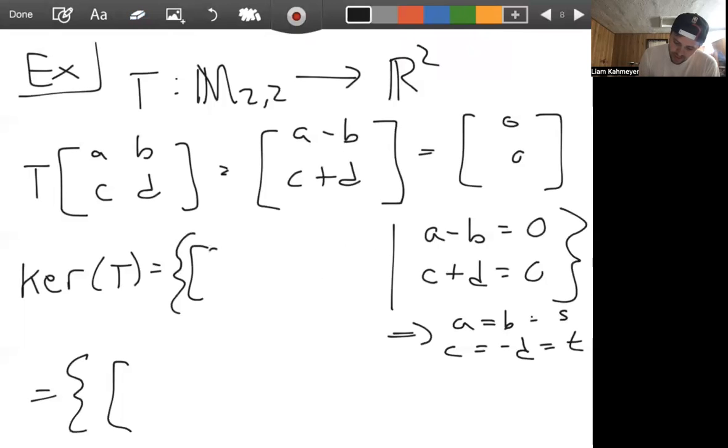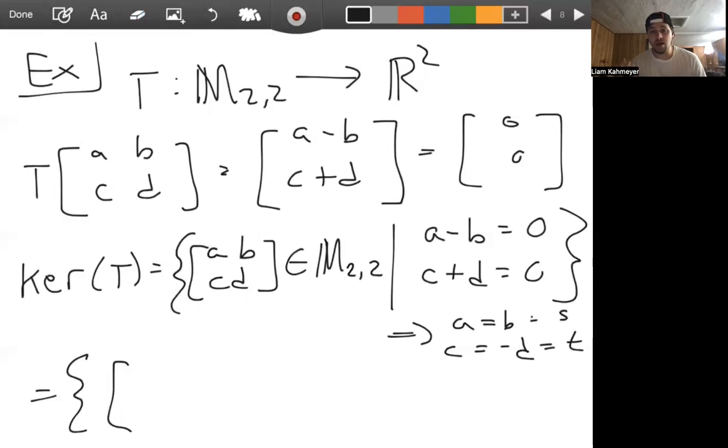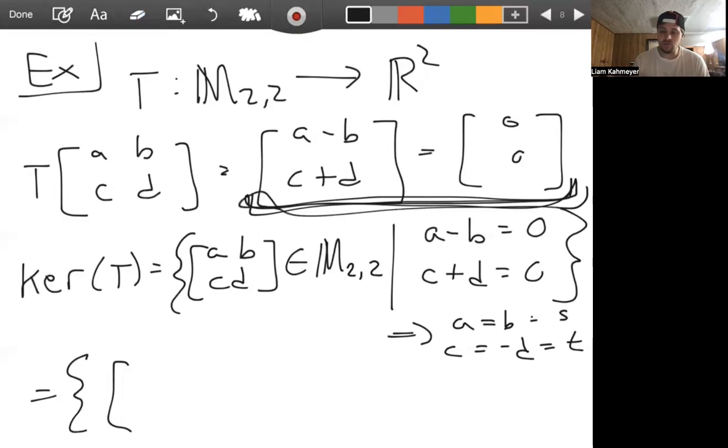This should be (A, B, C, D) contained in M2,2, right? Because the kernel is always in the domain. That was a mistake. But we've set the image of that equal to 0, right? When the image of an element is 0, it belongs to the kernel. So then the kernel is going to be here.